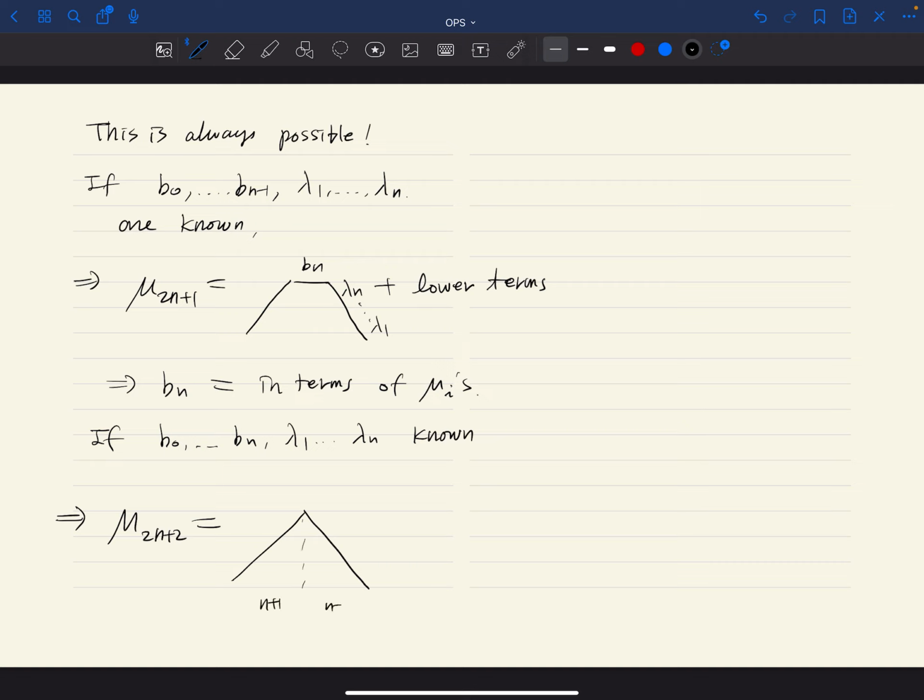The first down step is n plus 1, lambda n, lambda 1, and then again lower terms. That means we can also find lambda n plus 1 in terms of mu i's.